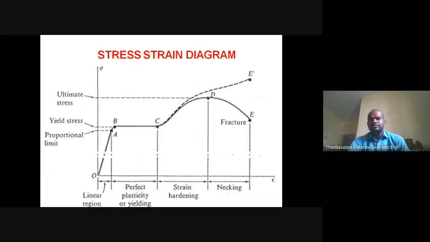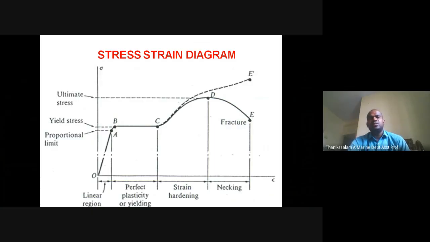B to C, perfect plasticity or yielding. C to D, strain hardening. D to E, necking. For any ductile material, before failing, it must go through the linear region, perfect plasticity, yielding, strain hardening, and necking. O to A says stress is directly proportional to strain.